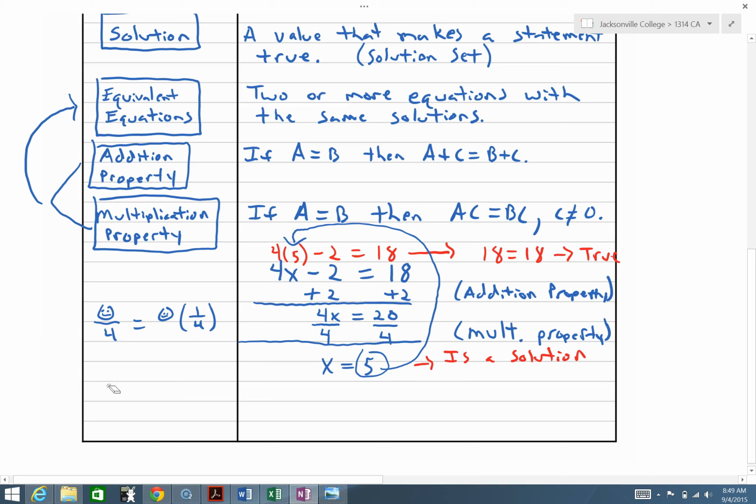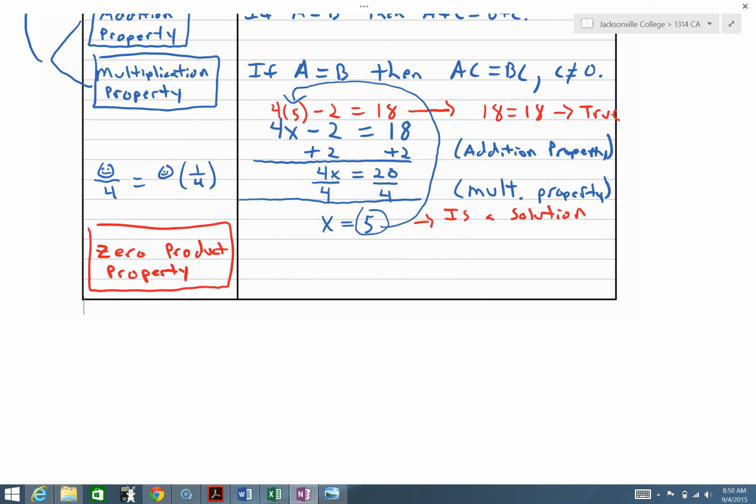One last note for these notes, zero product property. The zero product property states, if A times B is equal to 0, then either A is 0 or B is 0, or both.